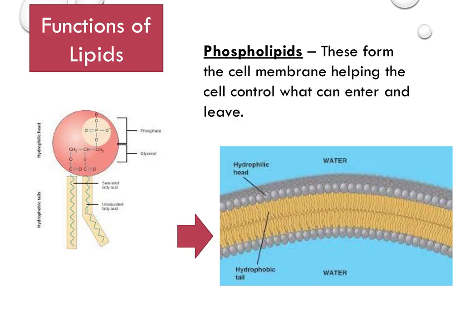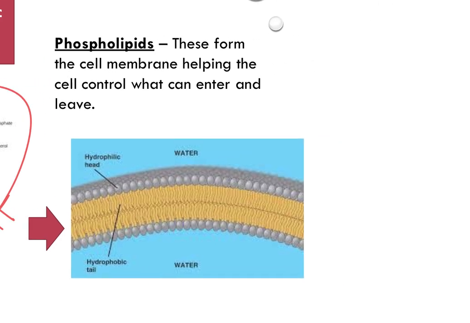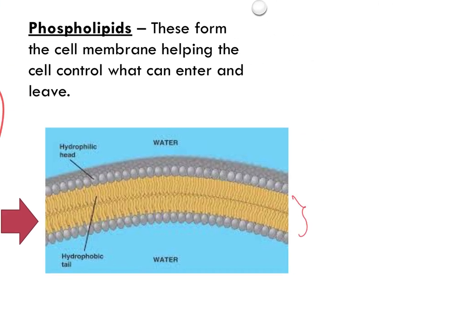Now, the last one is the phospholipids. That's what this structure right here is for. If you take later science classes, you'll learn that because of this structure, it has those fatty acid chains, and this portion of the cell membrane is hydrophobic because of those fatty acid chains.